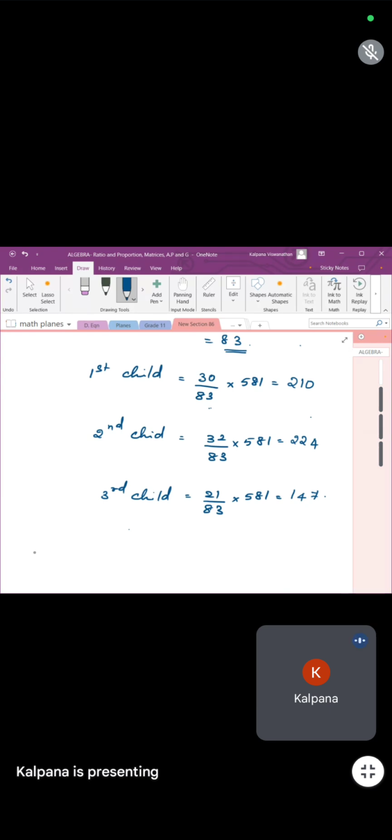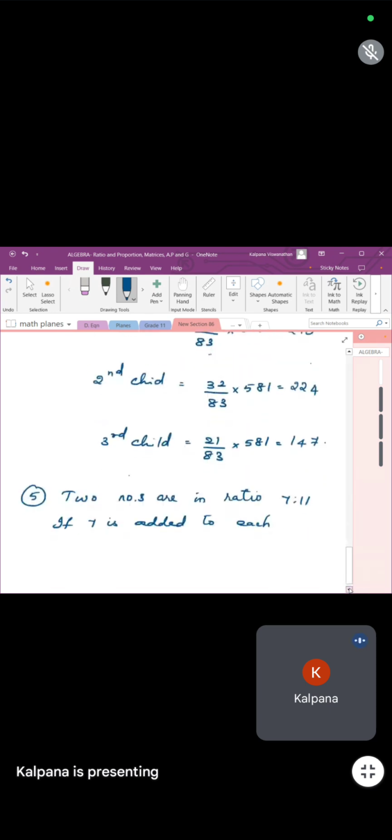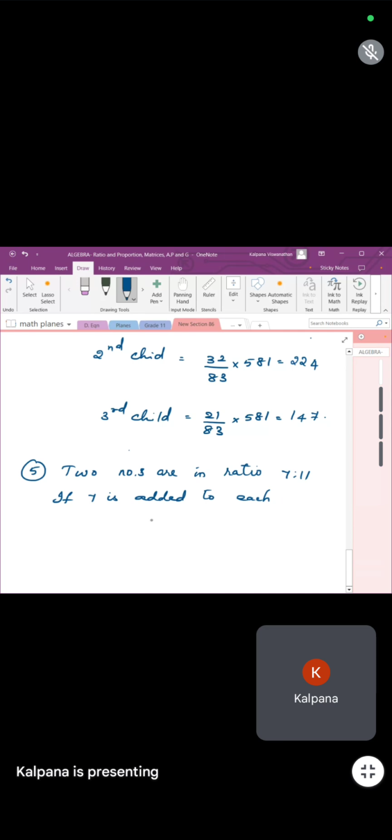Okay, next question. Two numbers are in the ratio 7:11. If 7 is added to each of the numbers, the ratio becomes 2:3.